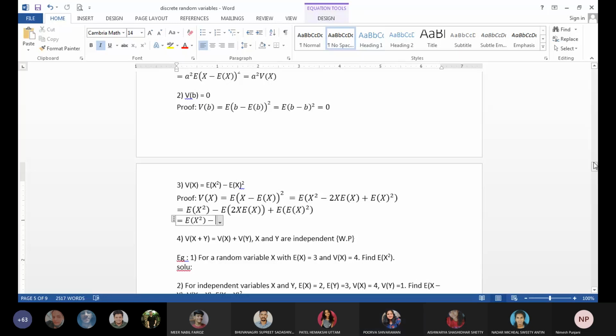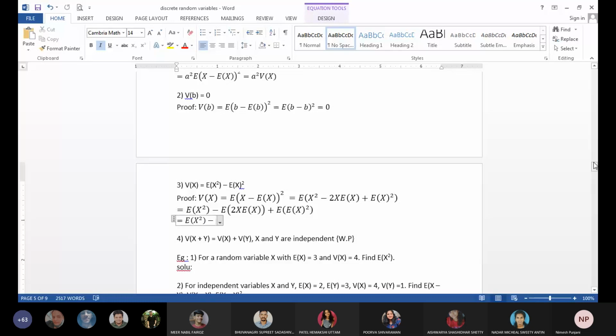Variable नहीं, it will be a constant. No, expected value तो fix रहता है ना. Expected value is what? Summation x divided by n. That is summation x px. So expected value is a constant. X is a variable. Expected value is a constant. वो एक scalar है. Remember that expected value is a scalar.